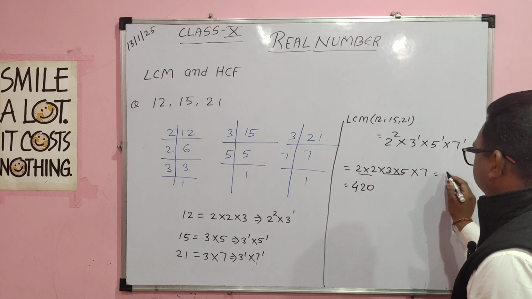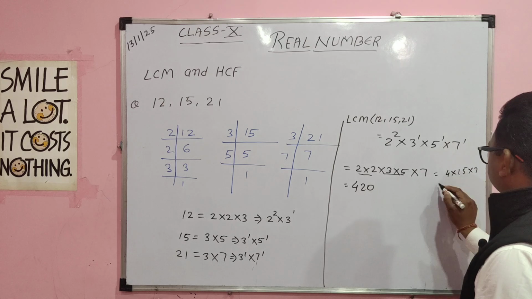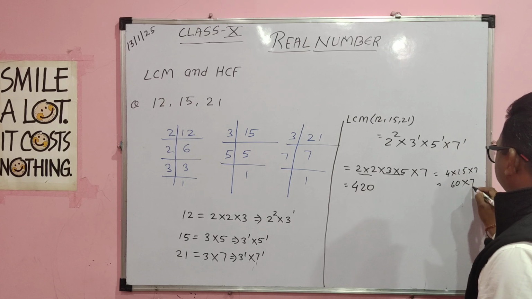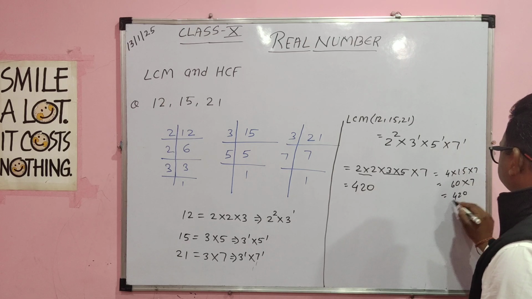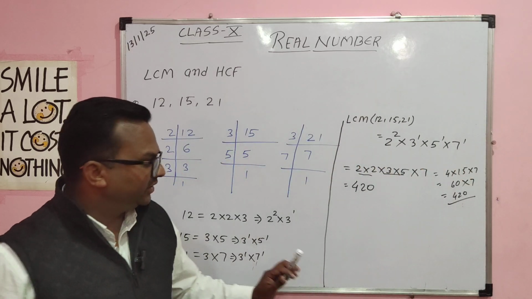Like 2 2s are 4, 15, 7, 60, 7, 420. 7 6s are 42, so 420 is the answer.